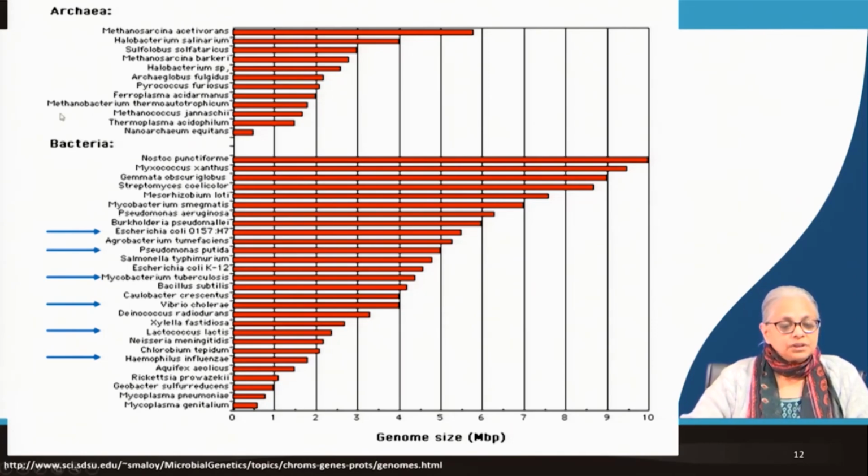All these extremophiles that we were looking at earlier, the methanogenic bacteria, halobacteria that grow in salt pans, all the hyperthermophilic bacteria, have a size range anywhere from 0.5 million base pairs to a little less than 6 million base pairs.